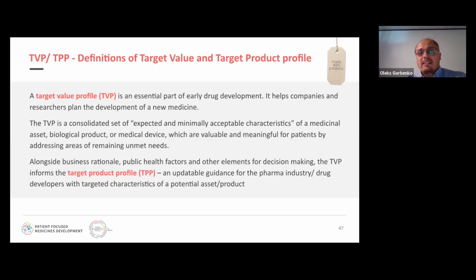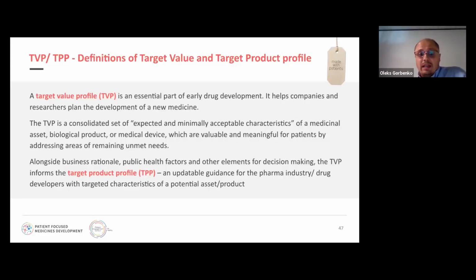So target value profile is a consolidated set of expected and minimally acceptable characteristics of any asset. It could be a biological product, vaccine, or medical device, which are valuable and meaningful for patients and address areas of remaining unmet needs. Coming back to gap analysis, if we consider huge gaps, we need to fill them out. So developing the target value profile is actually the answer, and it's a measure to fill out these gaps.